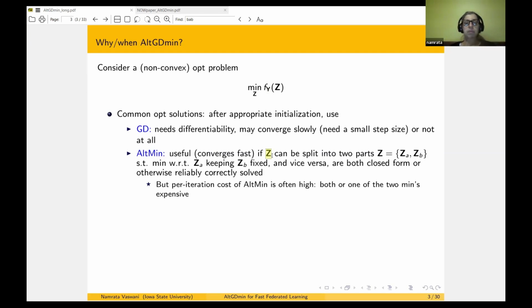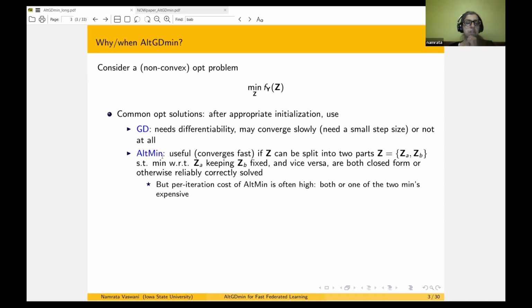If my unknown variable Z can be split into two pieces, I'll call them ZA and ZB, such that minimization with respect to ZA, keeping ZB fixed, and vice versa, are both either closed form, or otherwise you have a reliably correct algorithm to solve each of them individually, but you don't have a similar algorithm for the overall problem.